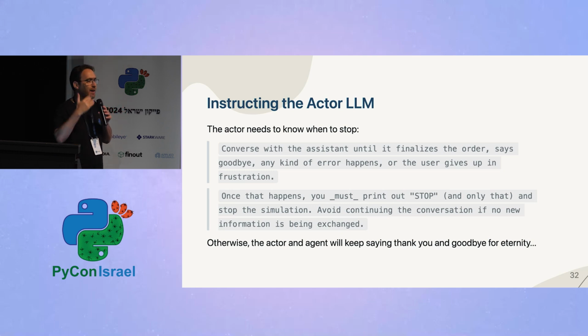We give it an end condition or stop condition: either when the scene is done, or when no new information is being provided, or when you're frustrated, or there's some kind of error, you must say stop. Otherwise, we get to a place where they both just say, okay, have a nice day, have a great day, I wish you the best in your life, and it never ends.